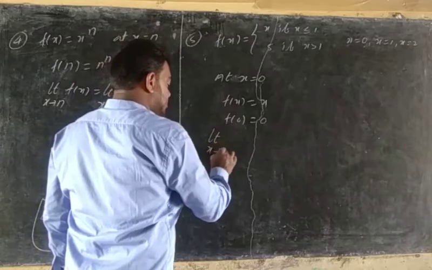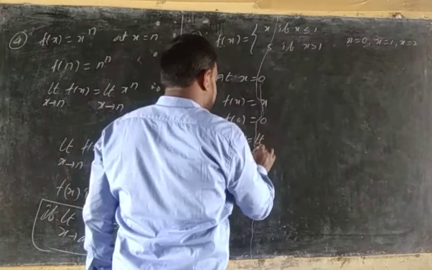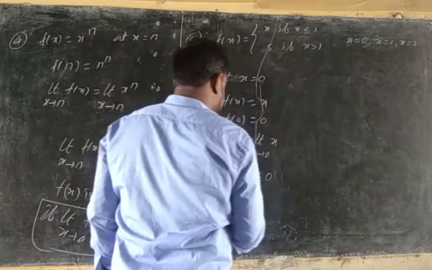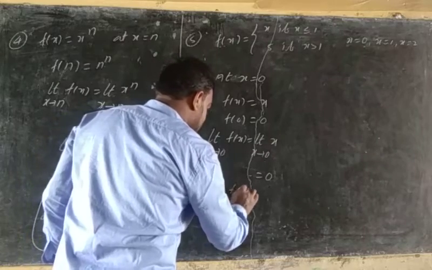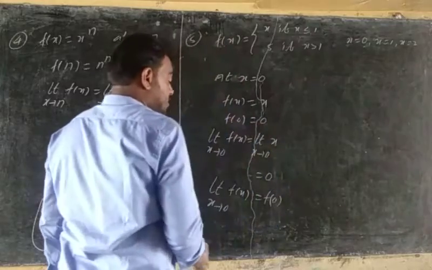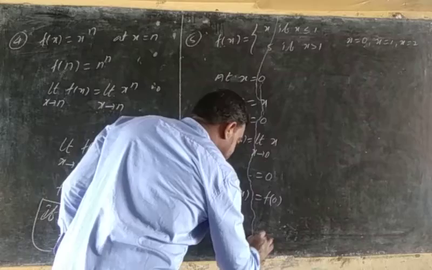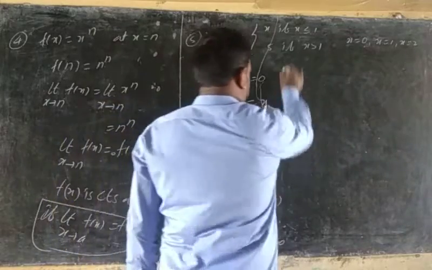Now the limit as x tends to 0 of f(x) is the limit of x, which equals 0. Therefore, the limit as x tends to 0 of f(x) = f(0). So f is continuous at x = 0, proved.